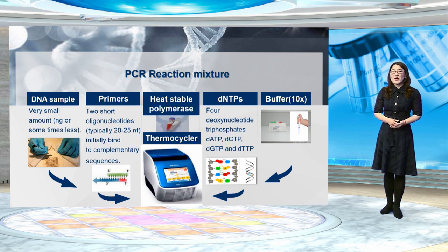DNA polymerase produces a complementary strand by connecting the deoxynucleotide triphosphates according to the sequence information given by the template strand. The buffer contains magnesium ion, and the DNA polymerase used is the one chosen for its heat stability, so that it survives the heating steps of the cycle.